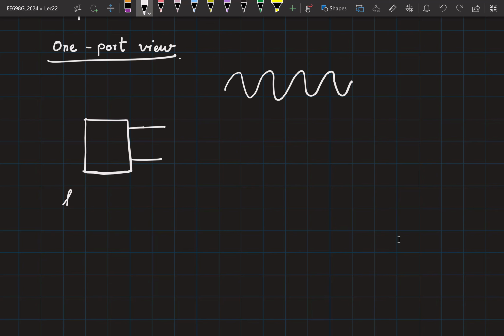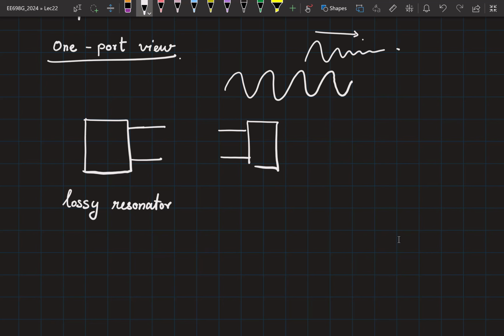Now, if this is a lossy resonator, what happens? This is simply going to die off after some time, right? The rate at which it is going to die off will depend on how much losses are present in the resonator. Now, let's say I take another element that is able to replenish the losses in the resonator every cycle.